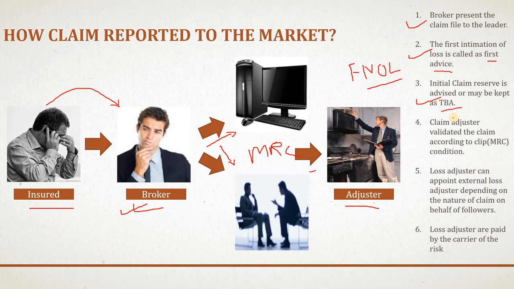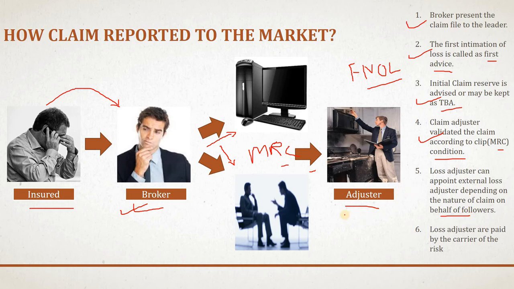So what will happen is, if they are aware of what could be the total claim amount, they can put in the estimated claim amount, or if they are not able to reach a conclusion on what the estimated claim amount should be, then they will put it as a TBA, to be decided later. Then the claim adjuster validates the claim according to the MRC conditions, which I mentioned just now, and the loss adjuster can appoint an external loss adjuster, depending on the nature of the claim, on behalf of the followers.